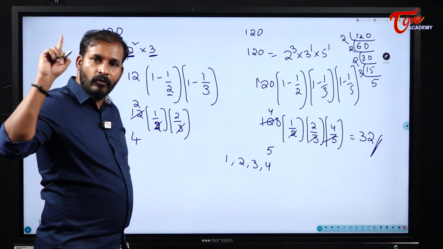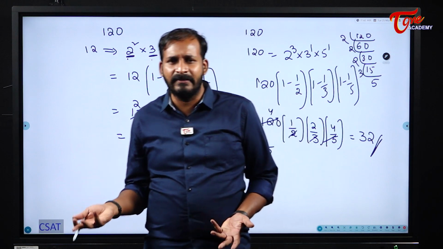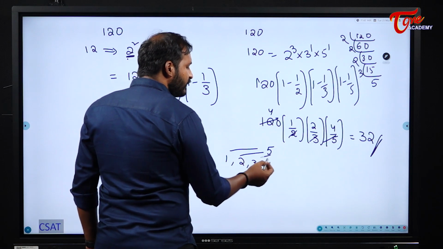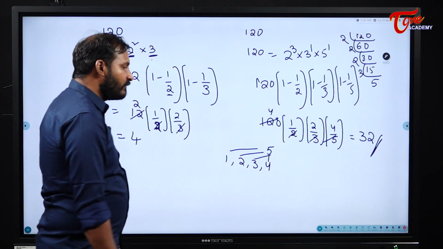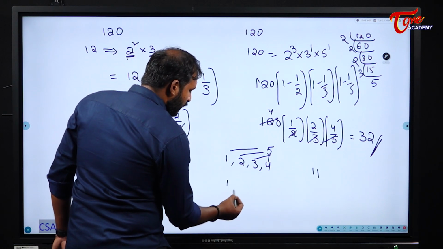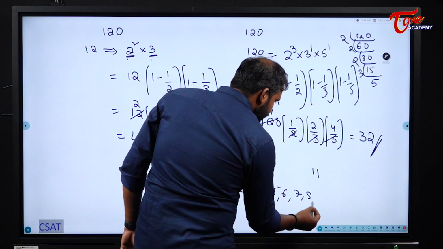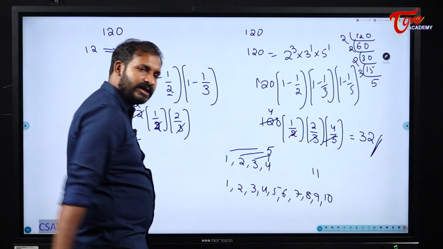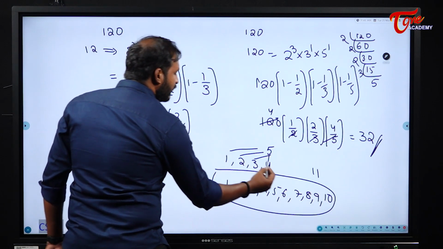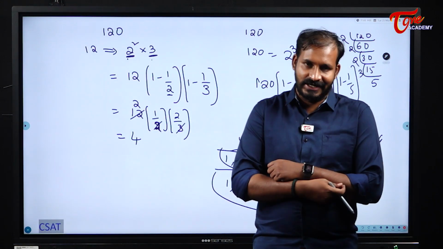While learning the co-primes concept itself, if one of the numbers is a prime number, obviously the pairs will become co-primes only, right? So 5 and 1 will become one co-prime pair, 5 and 2, 5 and 3, 5 and 4, all will become co-prime pairs. If I want to write the Euler number for 11, I will write 1, 2, 3, 4, 5, 6, 7, 8, 9 and 10. If you check every number, it will be co-prime only. So the Euler number of 11 will become 10. The Euler number of 5 will become 4. That means the Euler number of a prime number n will become n minus 1.